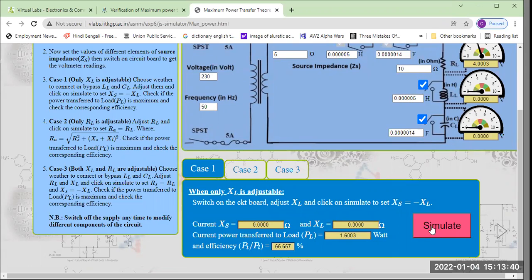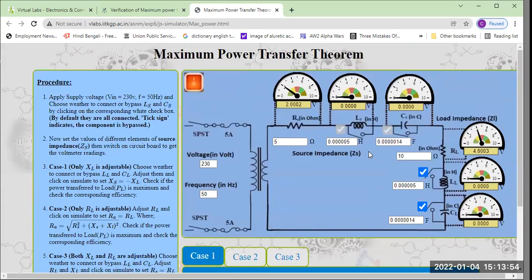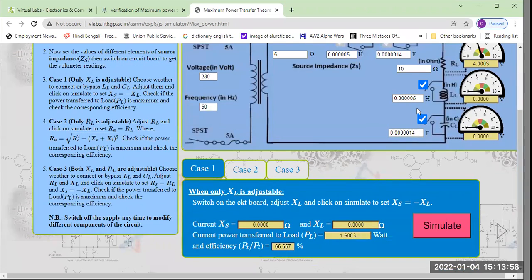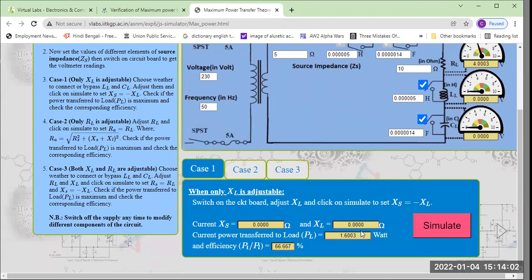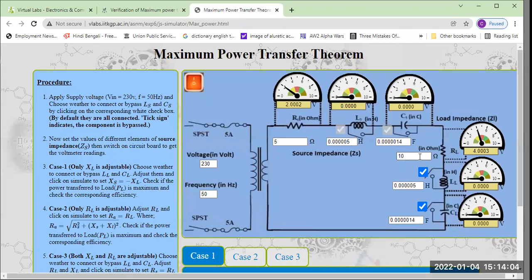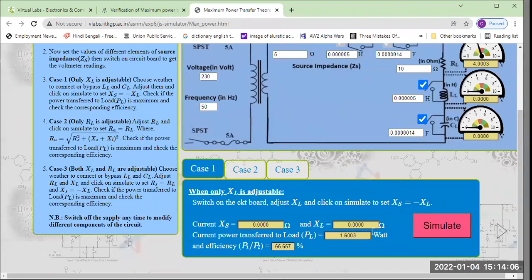In the previous case the power was 1.803 watt, but now it has decreased to 1.6003. So from the maximum power transfer theorem, you can see that if you increase the resistance, then the power will decrease.